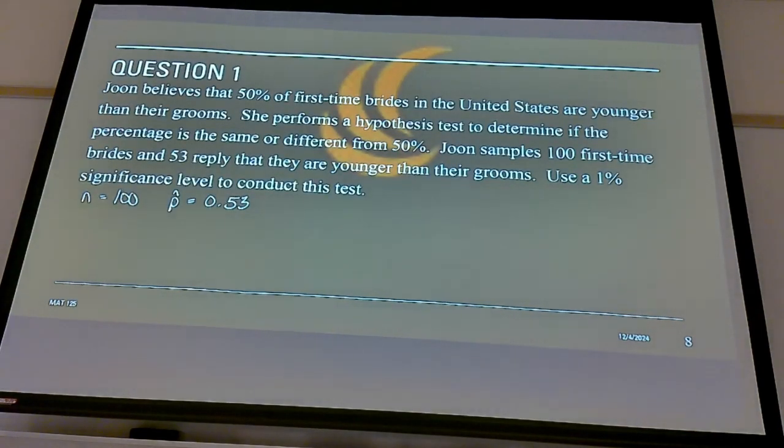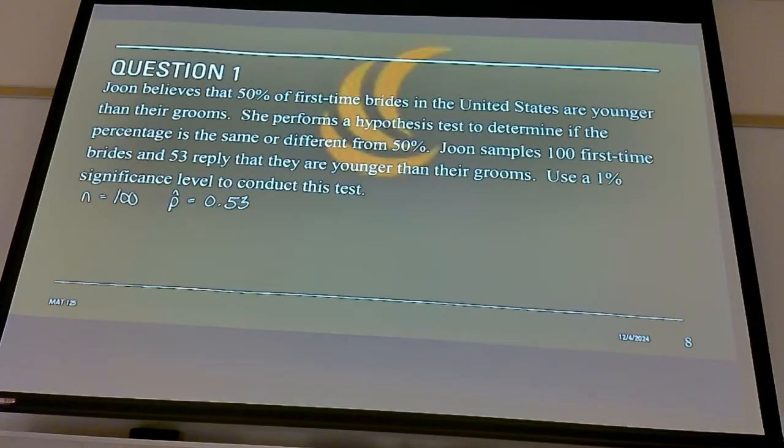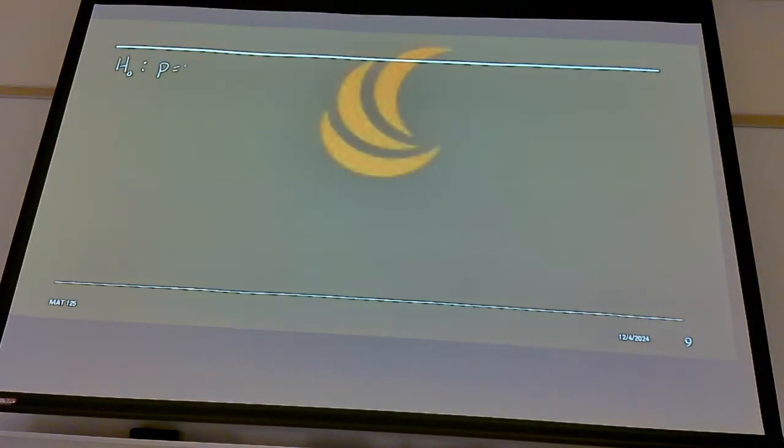Can you see the question? 53 younger. It's 100. So P naught is 50%, which is 0.5.